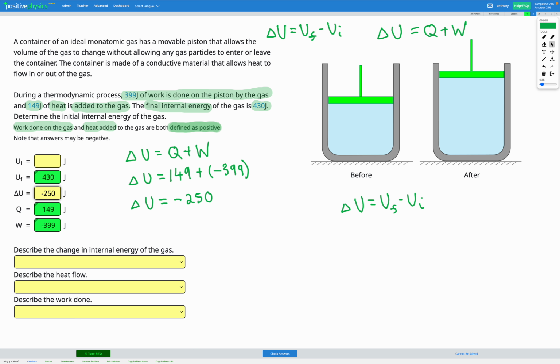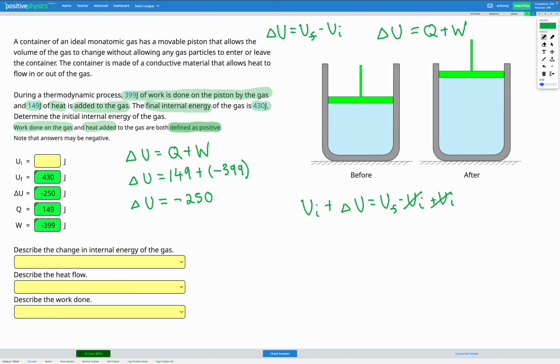Then we can use that in our change in internal energy equation, which is the final energy minus the initial energy, in order to figure out our initial energy. First, I'm going to rearrange this equation for initial energy. Right now, I have minus UI on the right-hand side. So I'm going to add UI to both sides of my equation so that the UIs will cancel out on the right-hand side.